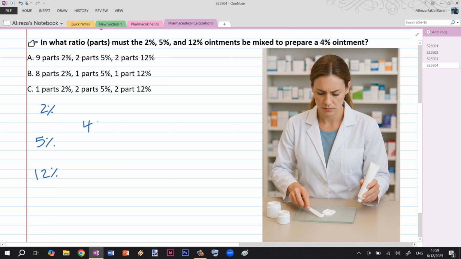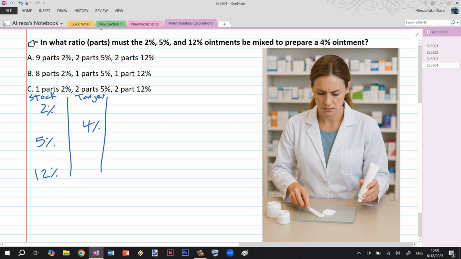I'm going to write the 4% here, and you can do this as 3 columns. I'm going to write: these are available in stock, this is your target, and the third column will be what you need.